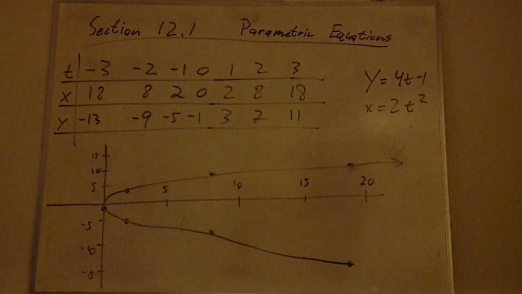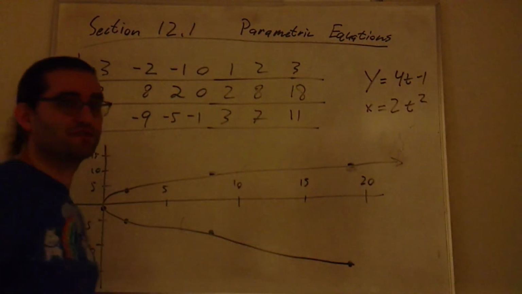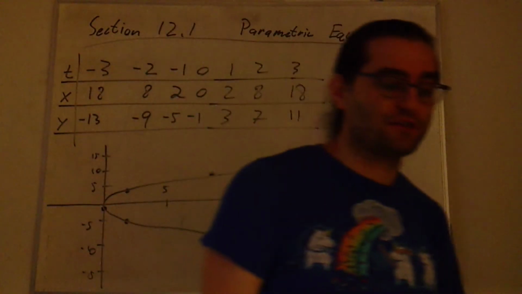There's a couple things about this graph that I want to talk about. The first thing is probably the obvious thing that may or may not be bothering you. This function fails the vertical line test. You put a vertical line through it, it crosses it twice. How can this be a function?